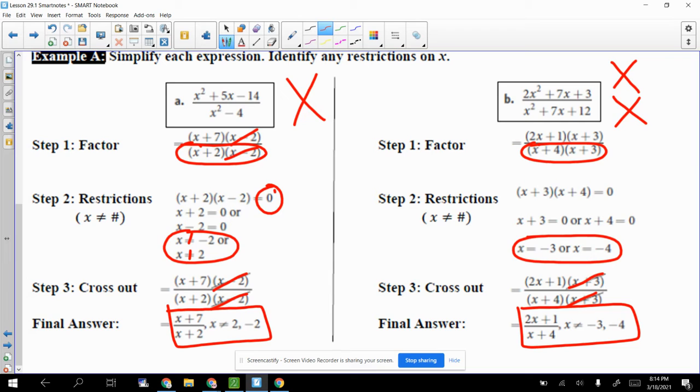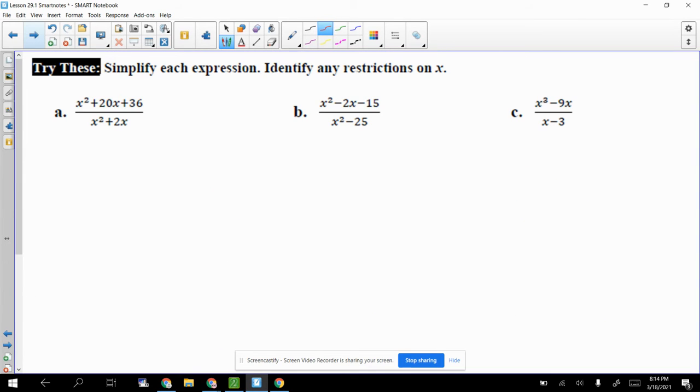Okay, so we're going to go ahead and try 3 of these now. So first thing, part A here, we're going to factor the numerator and the denominator. So to factor the numerator, I'm going to have to do my big X. So what 2 numbers multiply to 36 that add to 20? Okay, so you're thinking of those.